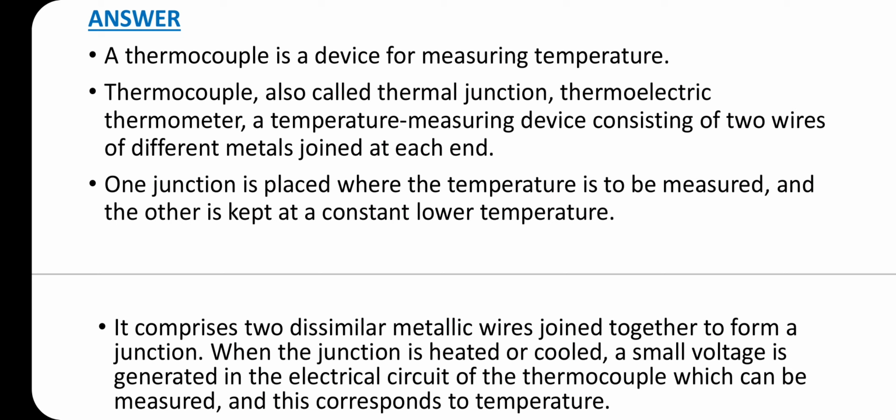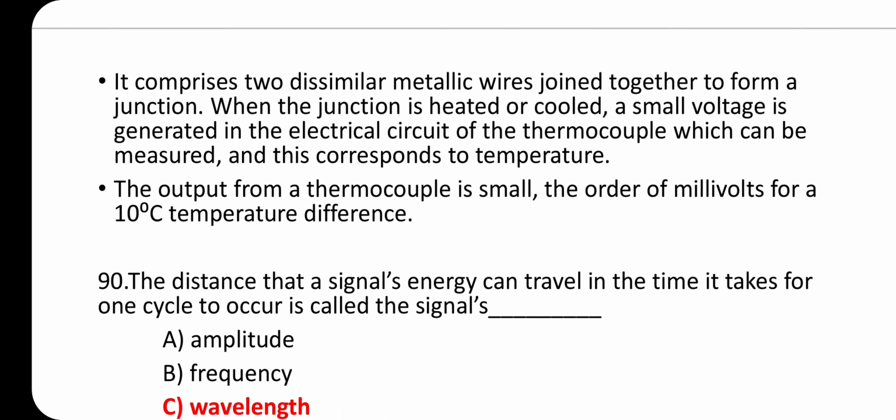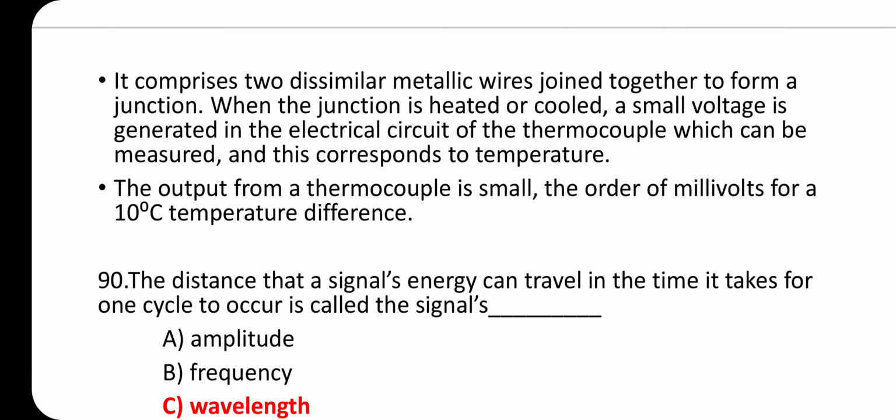One junction is placed where the temperature is to be measured and the other is kept at a constant lower temperature. When the junction is heated or cooled, a small voltage is generated in the electrical circuit of the thermocouple which can be measured and this corresponds to temperature. The output from a thermocouple is small, of the order of a millivolt for a 10 degrees Celsius temperature difference.